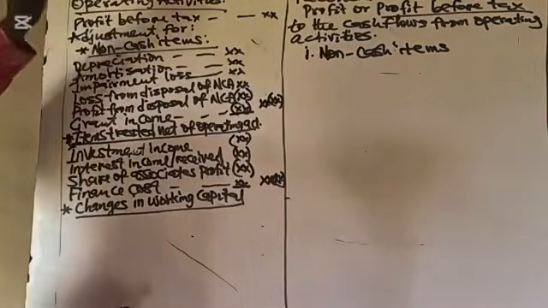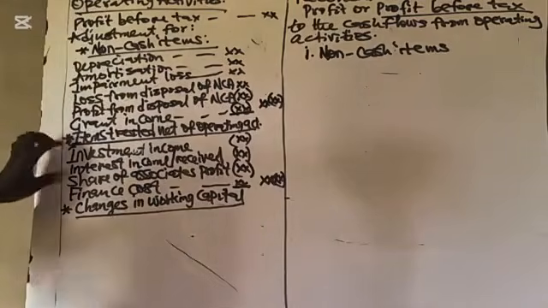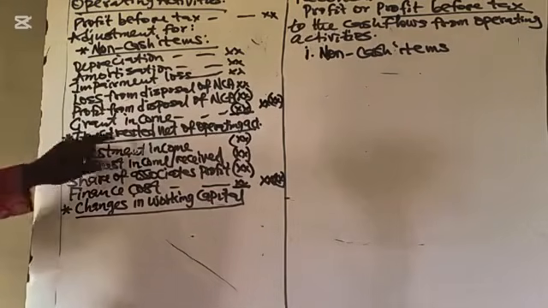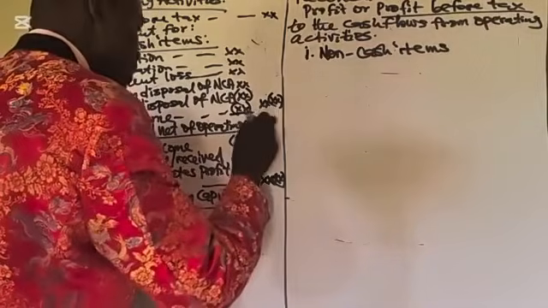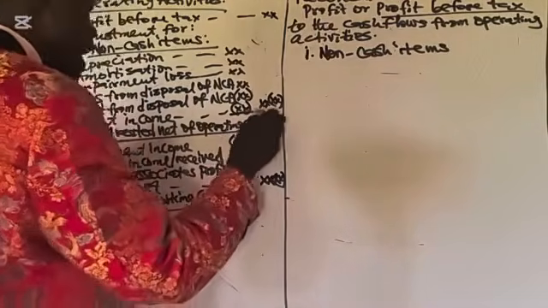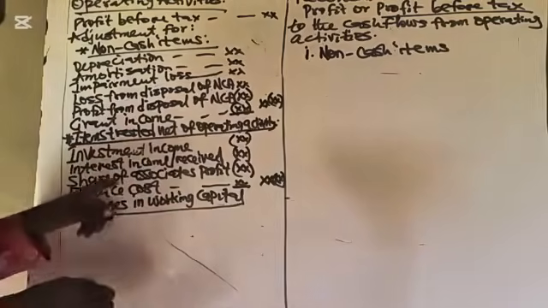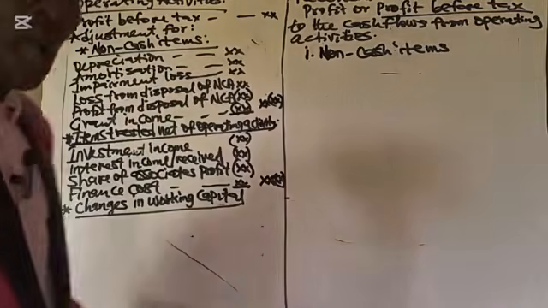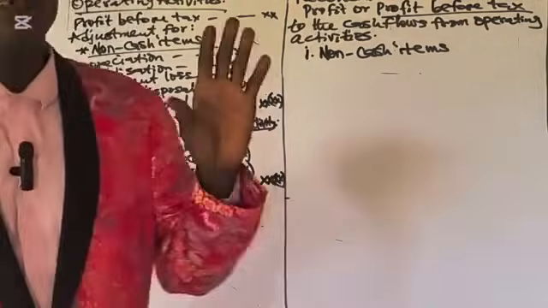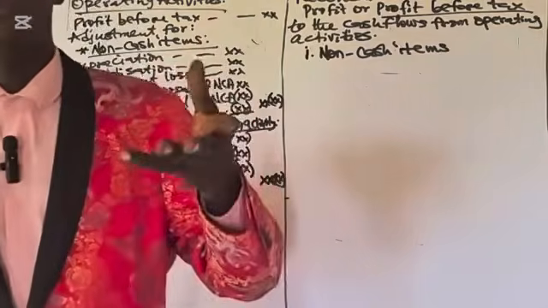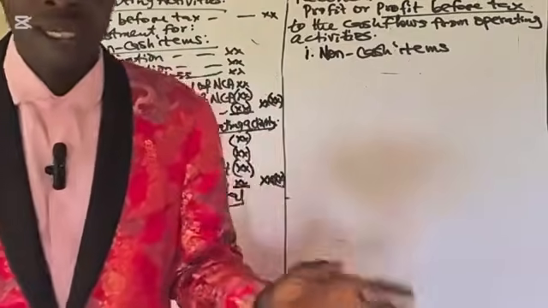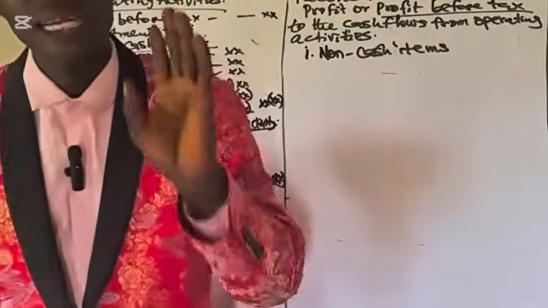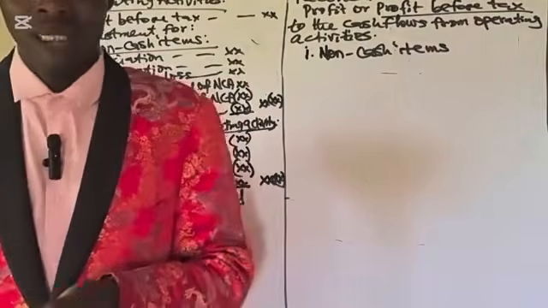The first items are non-cash items, and the second ones are items treated net of operating activity. Please take note of that. And the third item is changes in working capital. And when we say working capital, we are referring to items of current assets or current liabilities. Working capital will mean current assets and current liabilities.